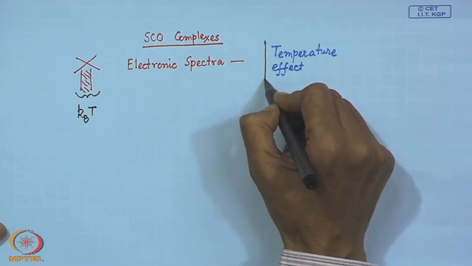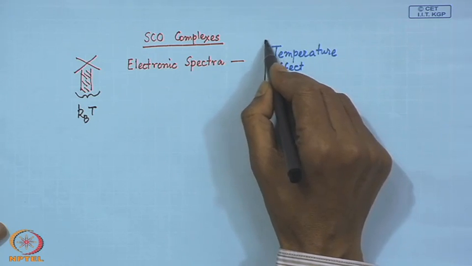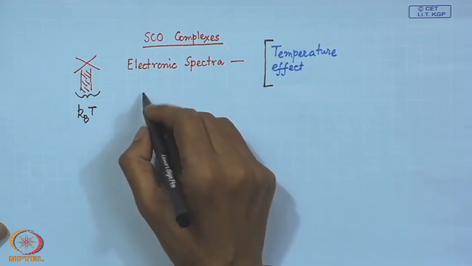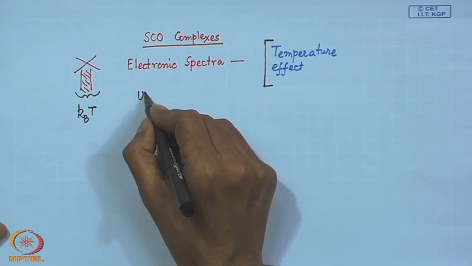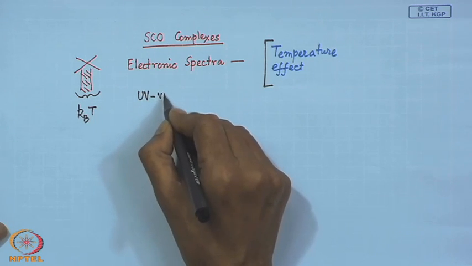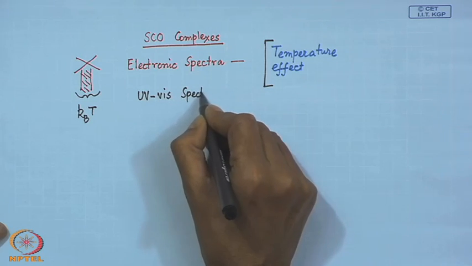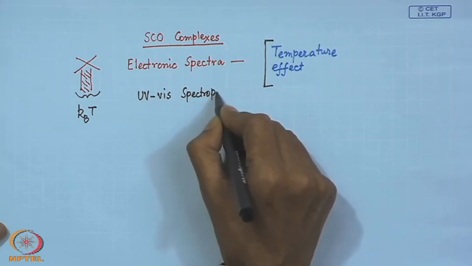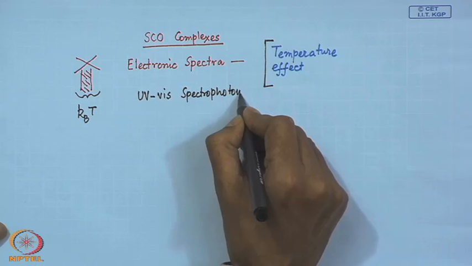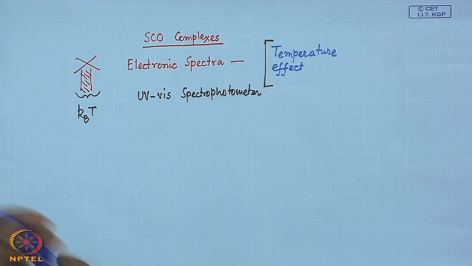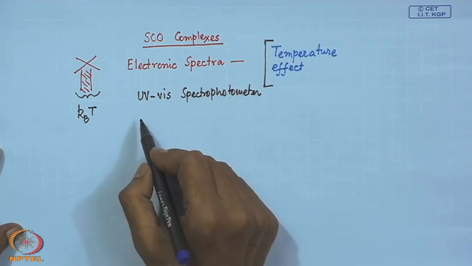So, variable temperature attachments for these measurements are therefore a must. If we have a simple UV-visible spectrophotometer, we can have it in the laboratory, and these are very common instruments; every lab has this.